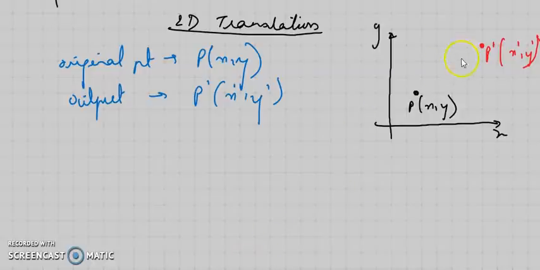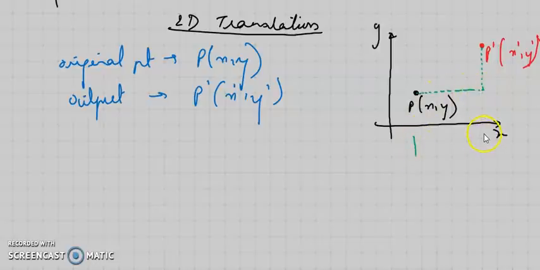For translating it, please listen, this is my current x. I am going to shift my x by this particular amount, and similarly, I am going to shift my y by this amount.